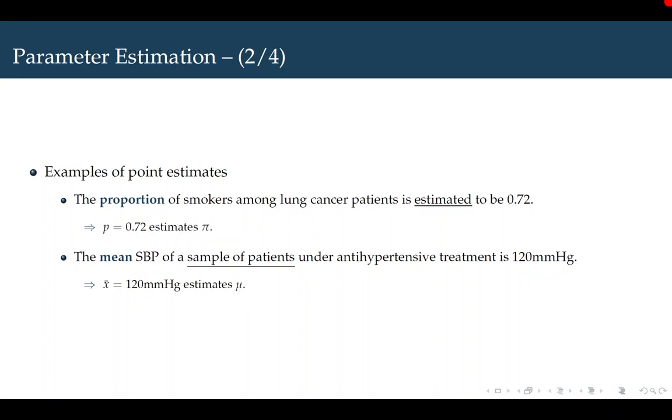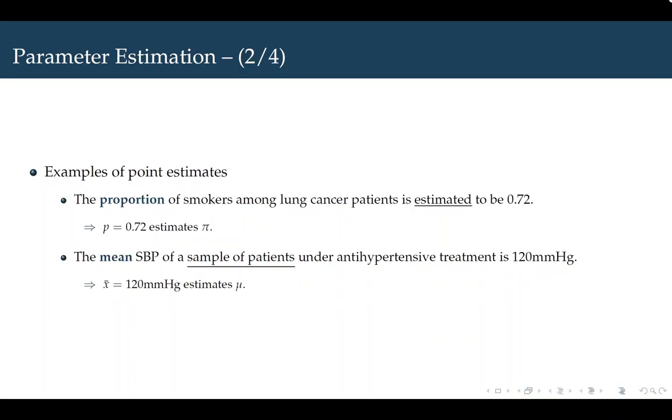So if we go back to the previous slide, 0.72 is the sample proportion of smokers, but how close this value is to the actual value of pi is unknown. Similarly, the sample mean 120 is a point estimate for the population mean mu, but how close this 120 is to the population mean is unknown.